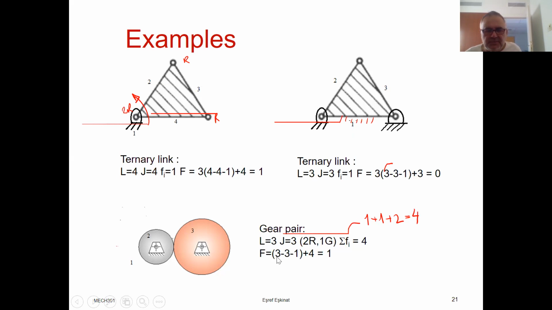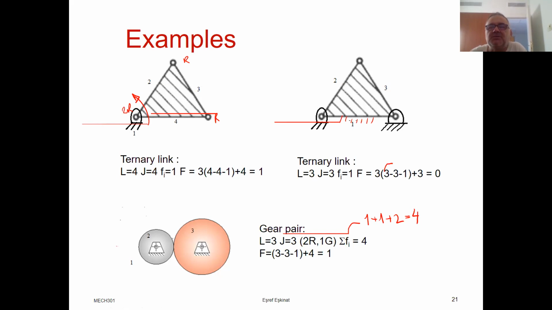And we find that F is equal to 3 times (3 minus 1) plus 4. 3 minus 1 gives you 2, times 3 is 6... that is, 3 times minus 1 gives you minus 3, plus 4 is 1. Now, 2 gears that are connected with revolute joints, this mechanism has a degree of freedom of 1 as expected.